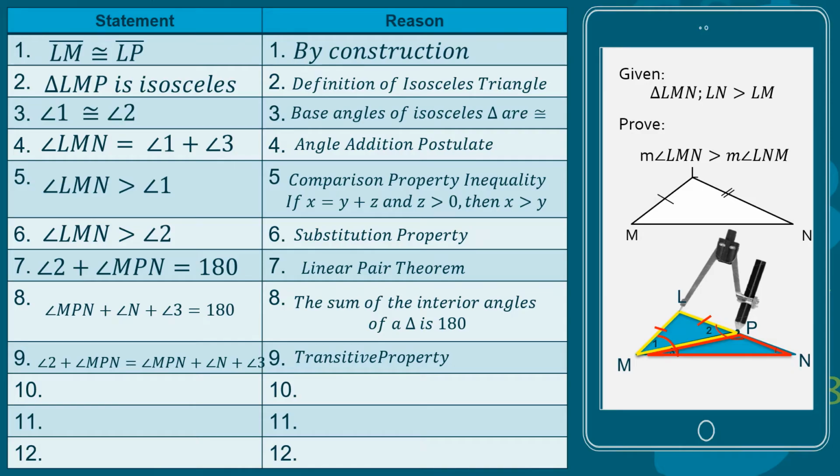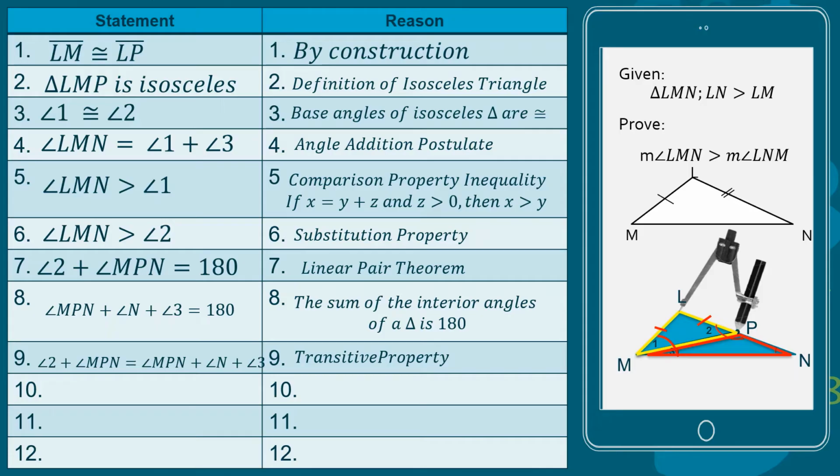Now, what will be the result if we subtract MPN on both sides of the equation in statement number 9? When we subtract MPN on the right side of the equation, what remains is angle 2.